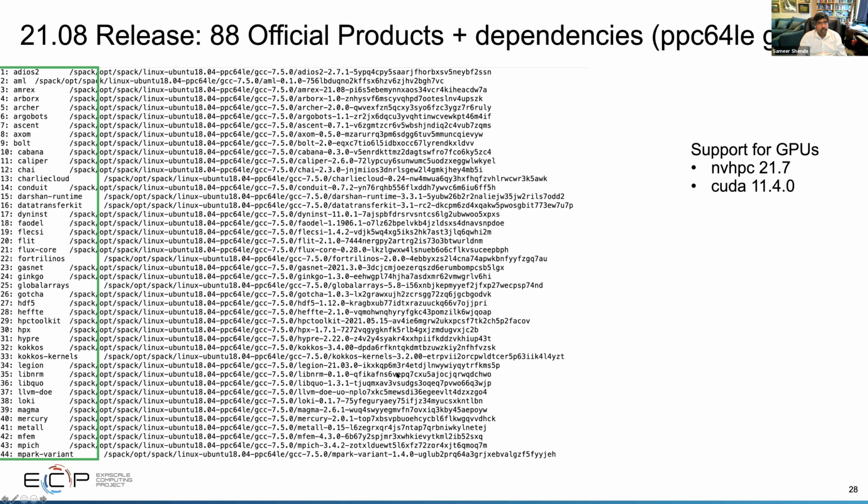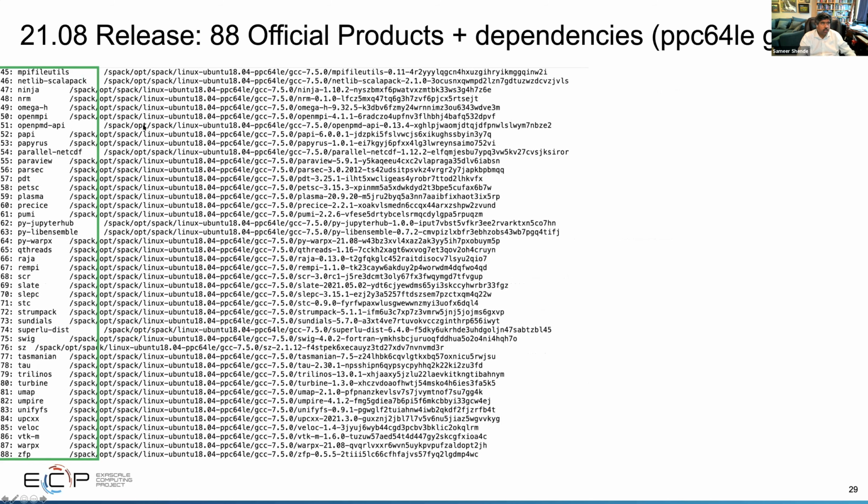And this is on IBM Power9, PPC64LE, with GCC. You see the 1 through 44 packages here. We have support for CUDA 11.4.0 and for NVHPC 21.7, and these runtimes are bundled as part of the container that you can download and use with Singularity or Shifter.